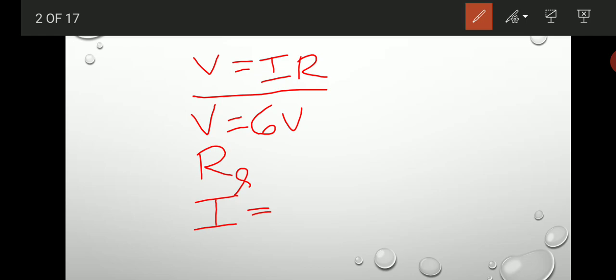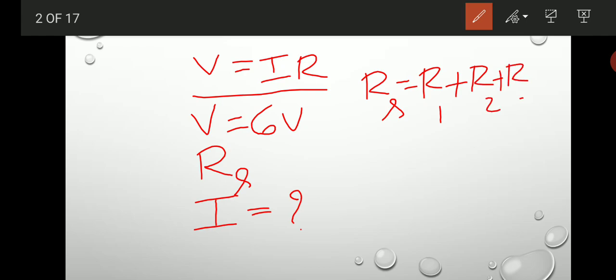If the resistors are connected in series, what would be the effective resistance? It is the sum of the individual resistors, right? R1 plus R2 plus R3. Now R1 is 5 plus 8 plus 12. So what is the sum? It is 25.